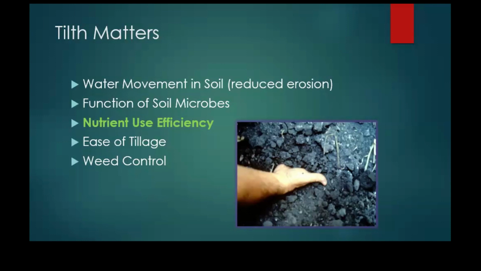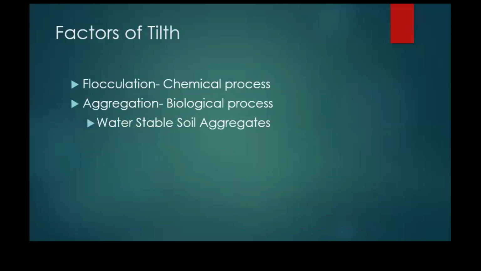So how do we get tilth? There's two factors. One is flocculation. That's a chemical process. That's why we pay special attention to calcium in the soil. We need soluble calcium to flocculate those clays, but then we also need the biology to glue those flocculated particles together into water-stable soil aggregates.